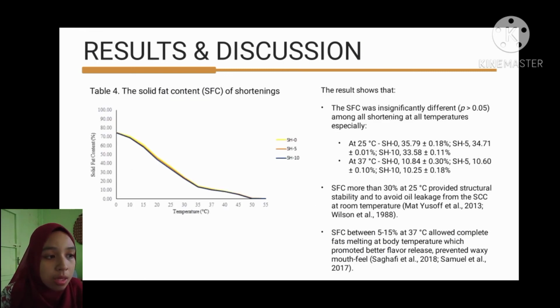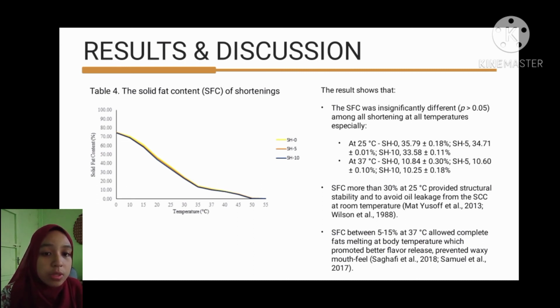Then for the result on the solid fat content, you can see based on the graph provided on the screen. The result shows that the solid fat content was insignificantly different among all shortenings at all temperatures, especially at 25 degrees Celsius and 37 degrees Celsius.